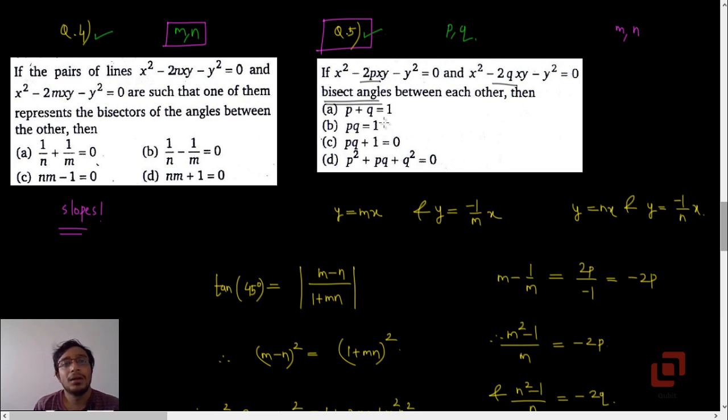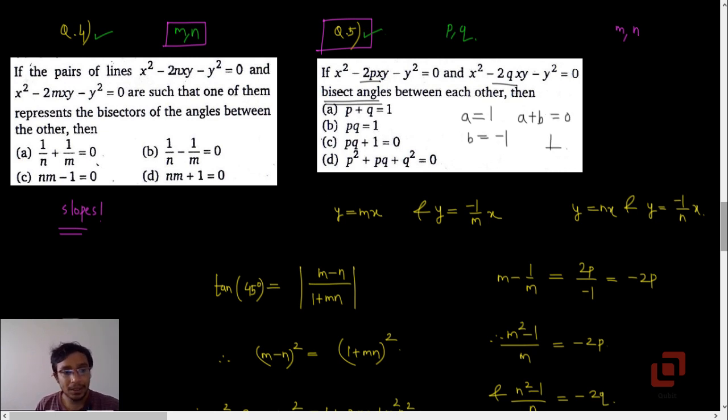Now, point number 1, we have two homogeneous equations of second degree in x and y, and in both these equations a is equal to 1 and b is equal to minus 1. So this clearly tells us that a plus b is equal to 0, which means the lines are perpendicular.